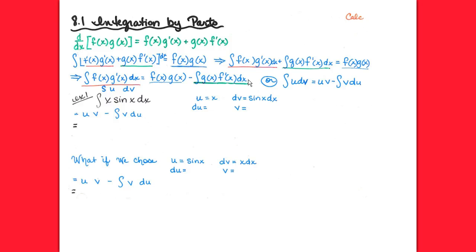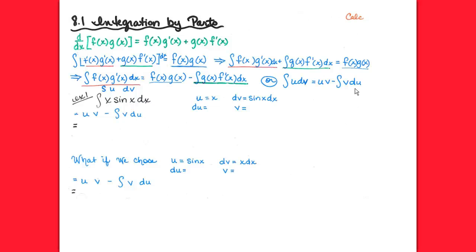Now, that's a little lengthy to keep up with, and so a simpler version, the one that we will refer to when we're using integration by parts, is the integration of u dv is equal to uv minus the integration of v du. All that we're doing there is, instead of having f of x and g of x, we're going to have u and v.